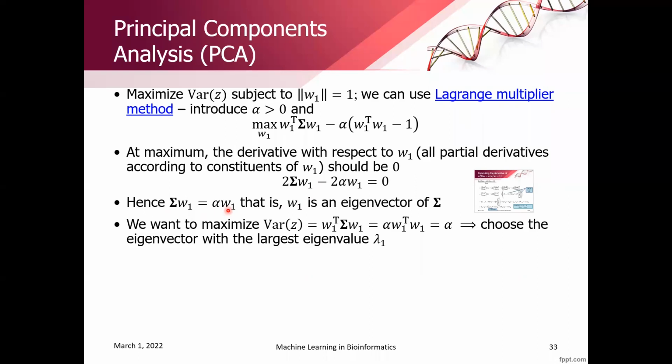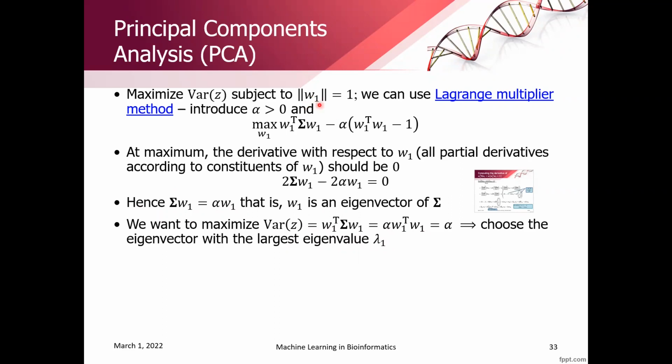Okay, let us continue. We would like to maximize the variance. So what is the value for the variance? The value for the variance is W sub 1 transpose times sigma times W sub 1. Now we know that sigma times W sub 1 is alpha times W sub 1, so we obtain alpha times W sub 1 transpose times W sub 1.